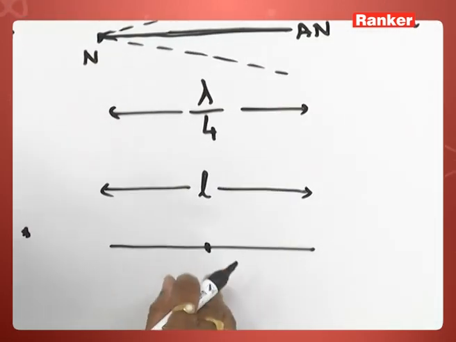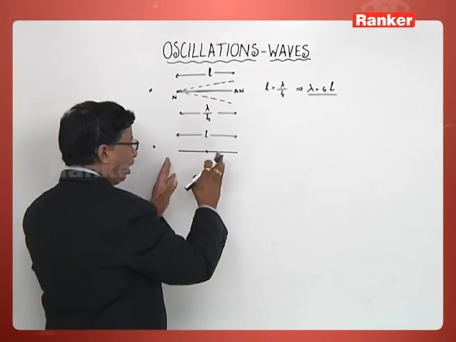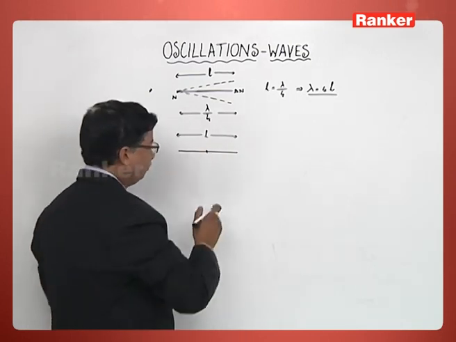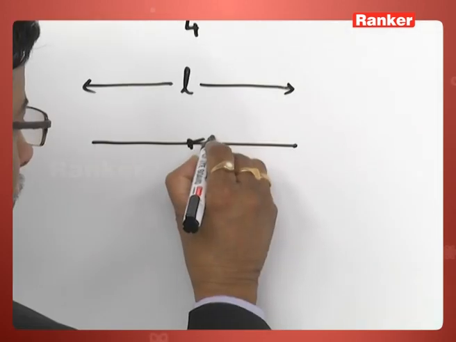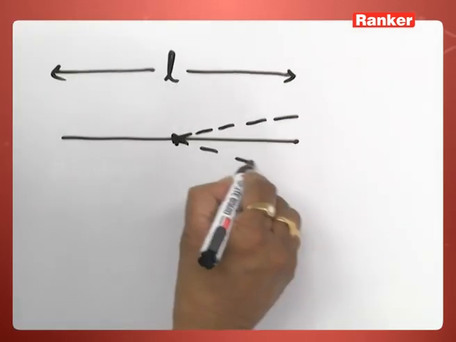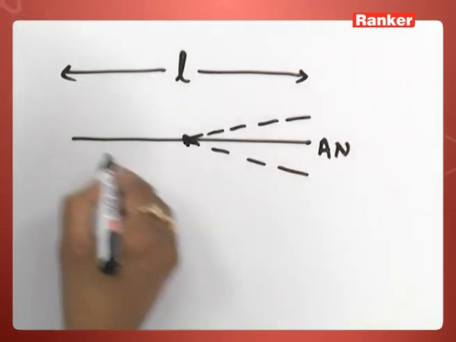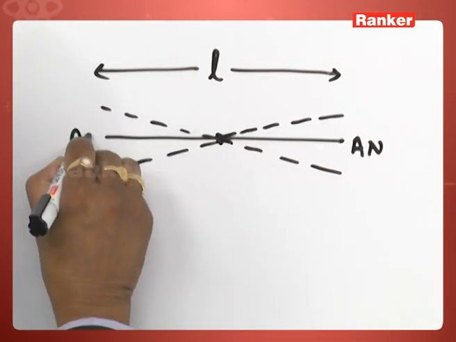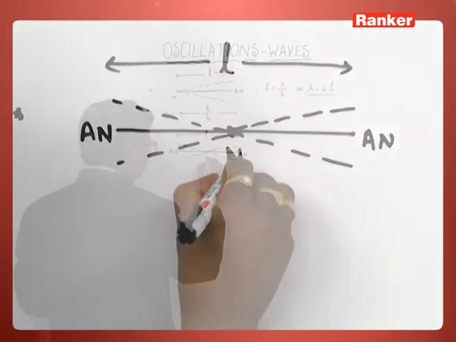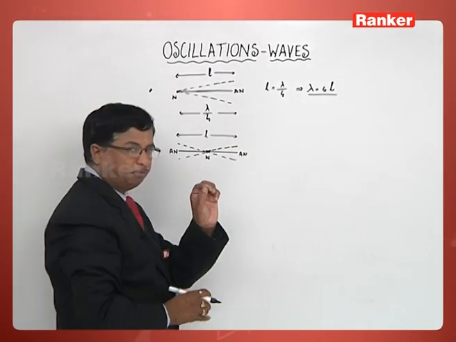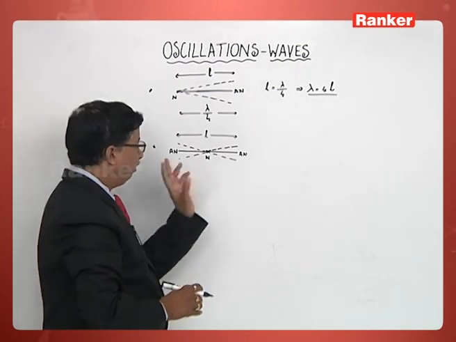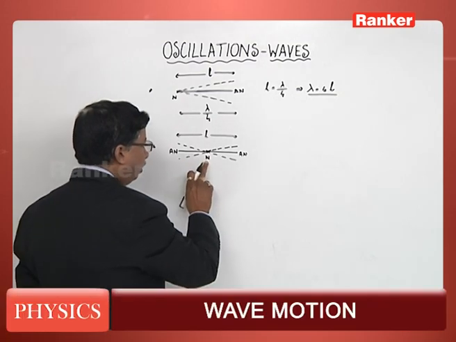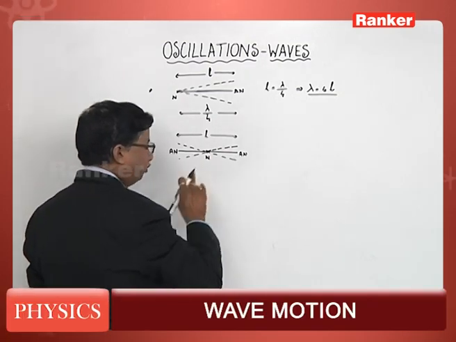So, when we make it fixed in the middle and make this one oscillate or vibrate with respect to this point, then we find one antinode is formed at this free end, another antinode is formed at the other free end, and in between these two, wherever it is permanently fixed, we will be finding the formation of a node. So, we are observing now one node and two antinode formation.